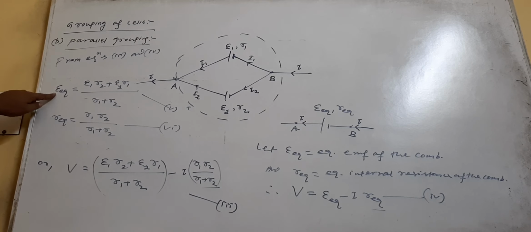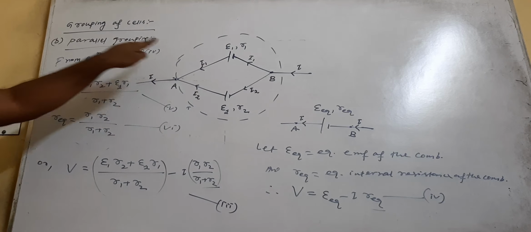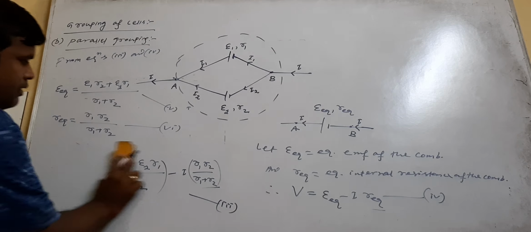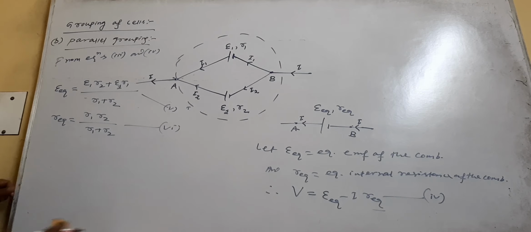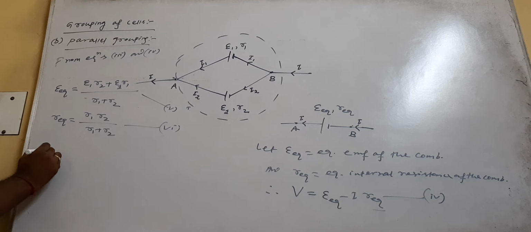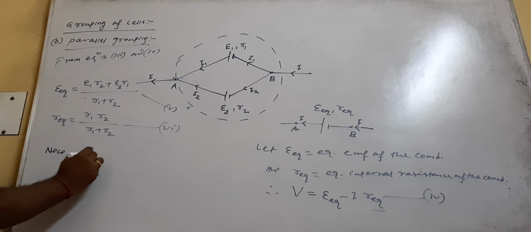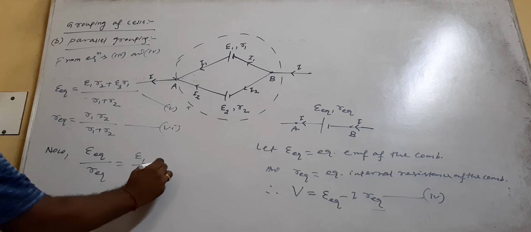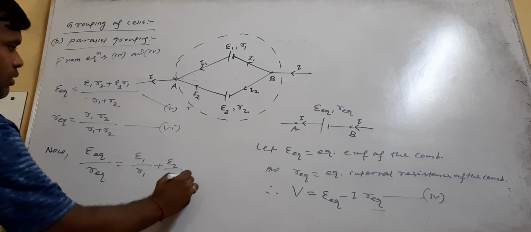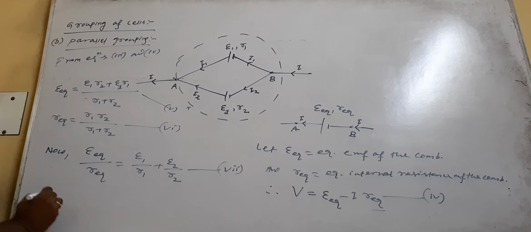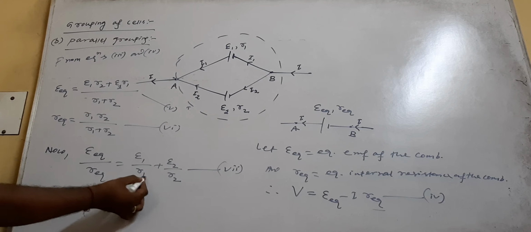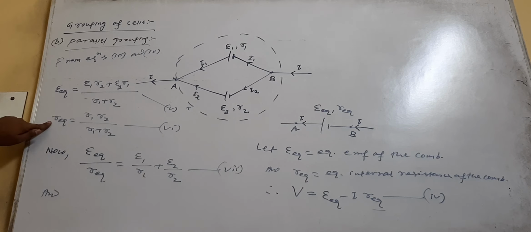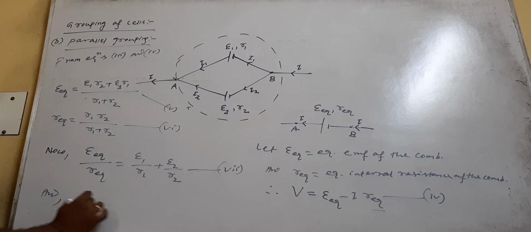Now it is the equivalent EMF of the combination and it is the equivalent internal resistance of the combination. So in simpler form you can write EEQ by REQ is equal to E1 by R1 plus E2 by R2, and similarly REQ can be written in this form.